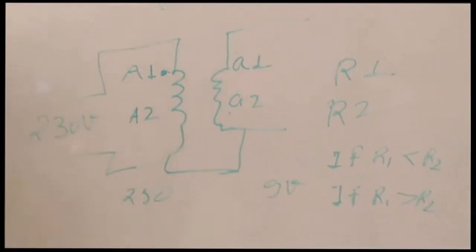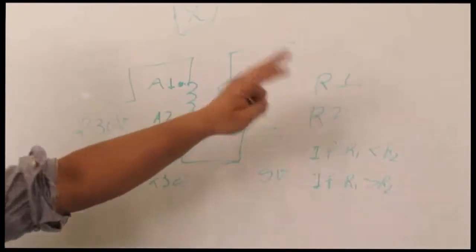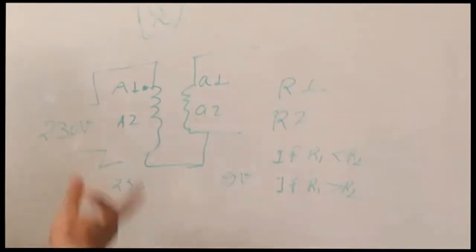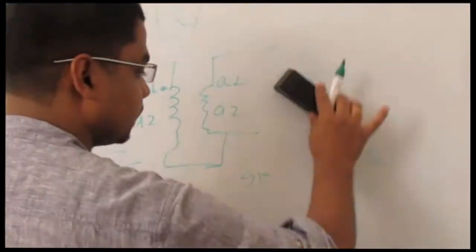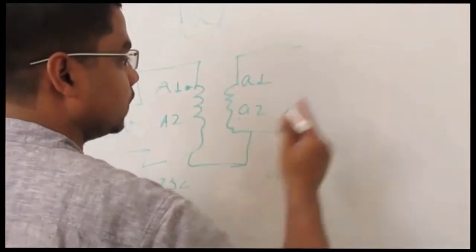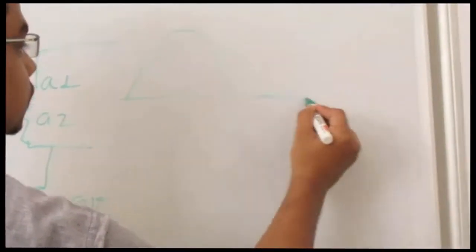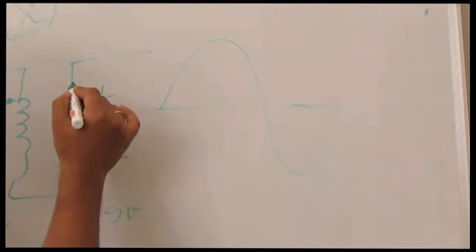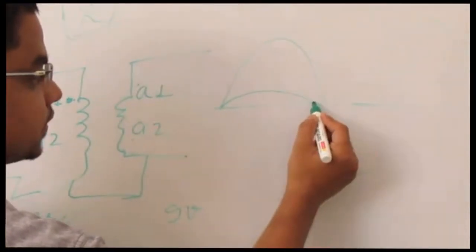Let's understand why, if R1 is less than R2, we are getting the same polarity, and if it is otherwise, we are getting the opposite polarity. The reason is, this one is the primary voltage, 230 volt, and if A1 is of the same polarity, then the voltage is like this.